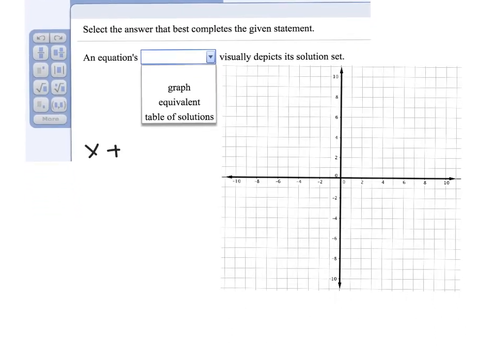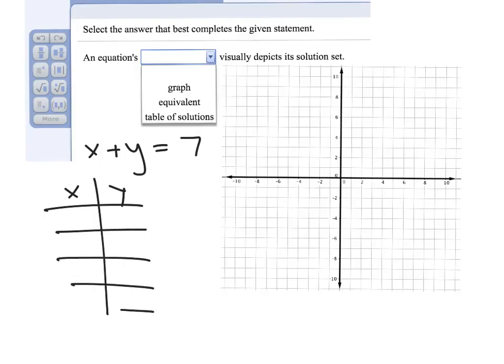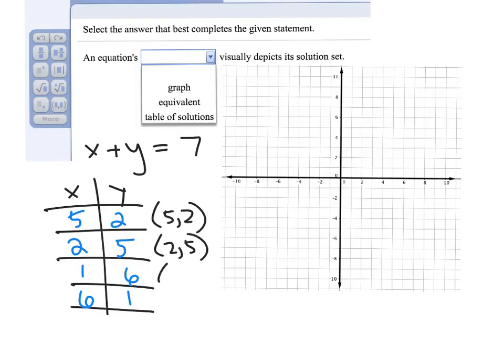We're going to start off with x plus y is equal to 7, and then here's our table, and we know that we can list some of the solutions. We can't list all of them. Let's do (1, 6) and (6, 1). All right, so there's our table of some solutions, and then here's our ordered pairs.